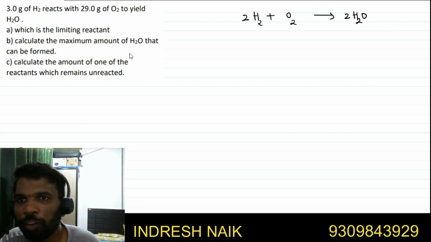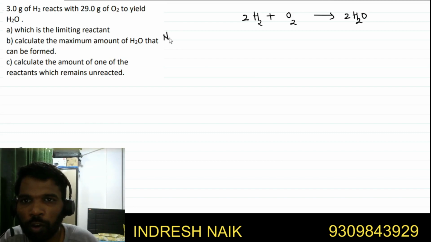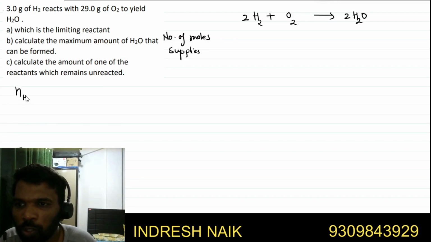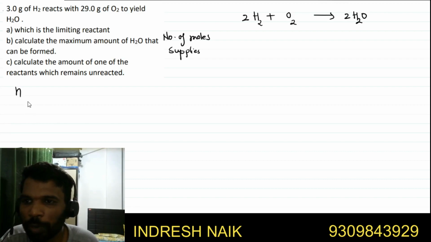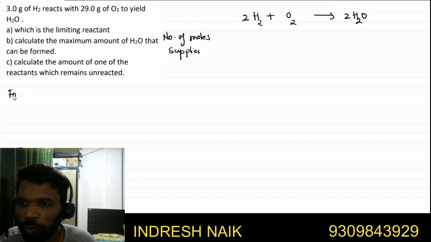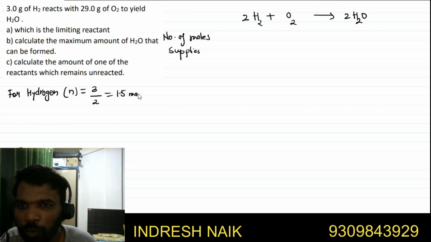First step, we need to find the number of moles of H2 and O2. So I'll write number of moles supplied. What is the number of moles supplied of H2? For hydrogen, N is equal to given weight, that is 3 gram divided by 2, which is equal to 1.5 mole.